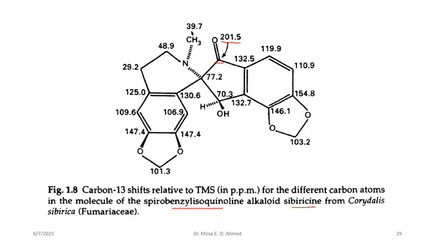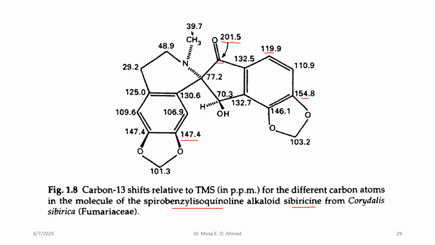And the other chemical shifts we note are 119.9 and 45.8 and so on, 104, 147.4, and all these are in the range of carbons occurring on aromatic rings.